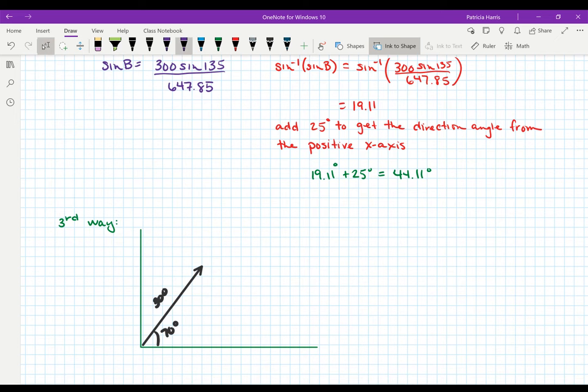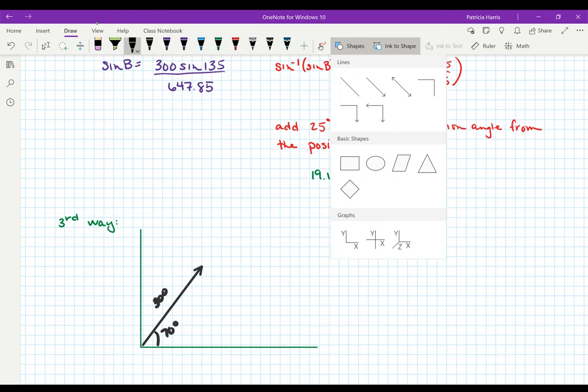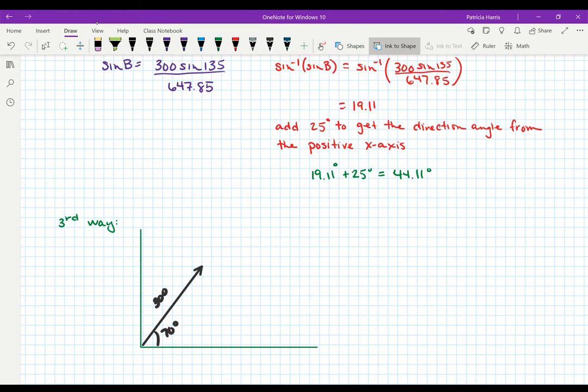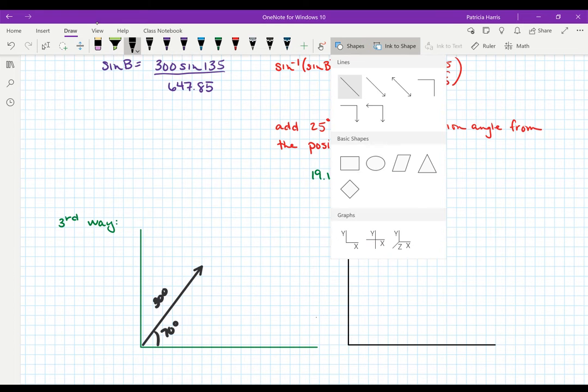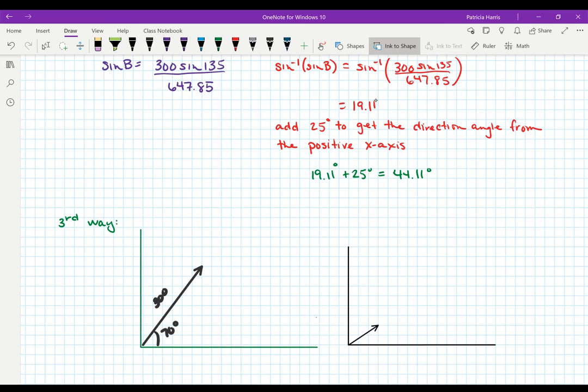And then the next one, this is 25 and 400.